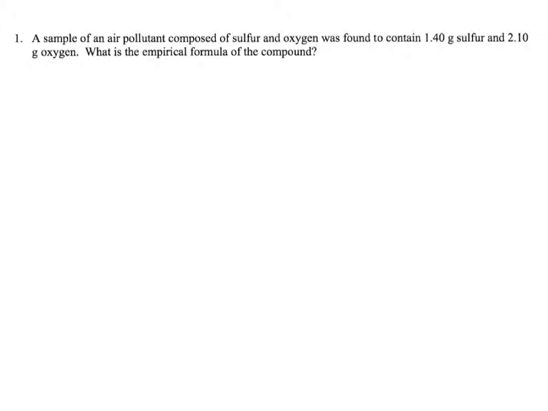So we have 1.40 grams of sulfur divided by the mass of sulfur on the periodic table, which is 32. And then we do the same thing for oxygen. Take the mass of oxygen, 2.10, and divide it by the mass on the periodic table, which is 16.